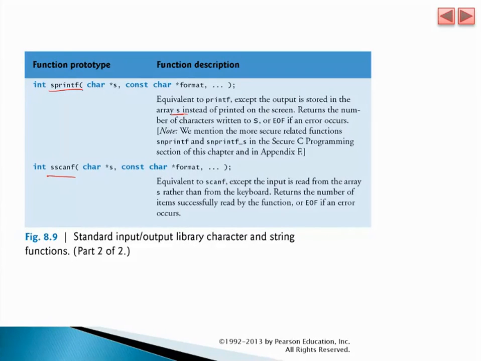But if you don't want to print on the screen, you want it to print somewhere else, in the array actually, then we have to use sprintf. It will print the output into the s array. Similarly, sscanf will take the input not from the keyboard but from the s array. Okay, so now let's see these functions in detail.